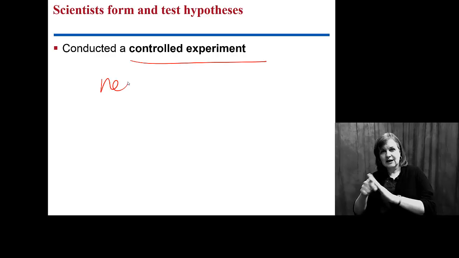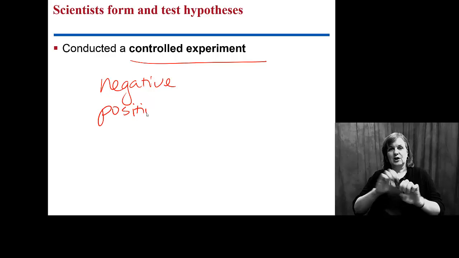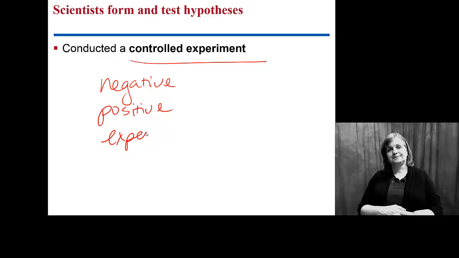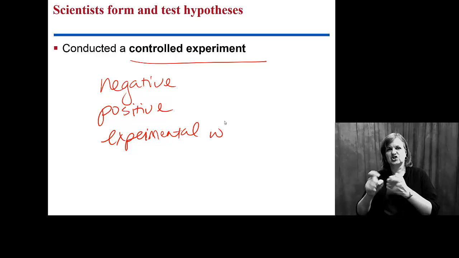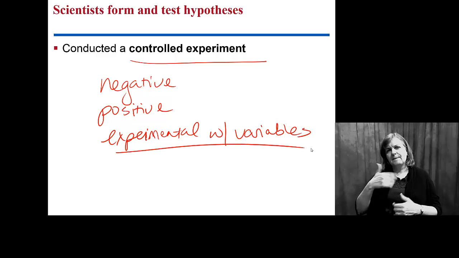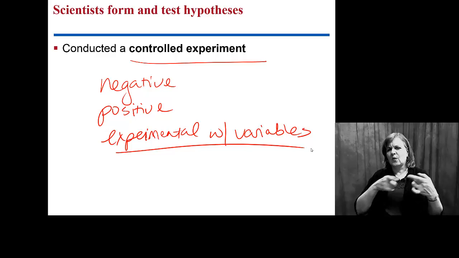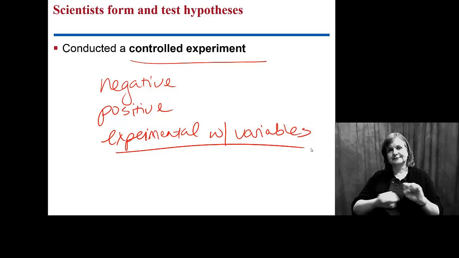So we're going to have things like negative controls, positive controls, and experimental designs with variables so that we can actually test what's going on. We can have a better understanding of what is going on in a study. So we will spend a lot of time thinking about this.